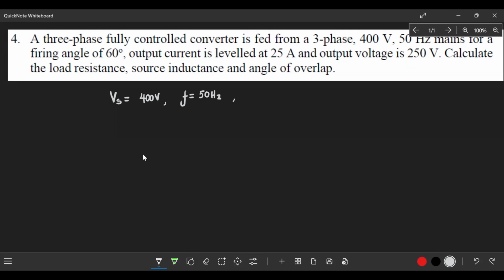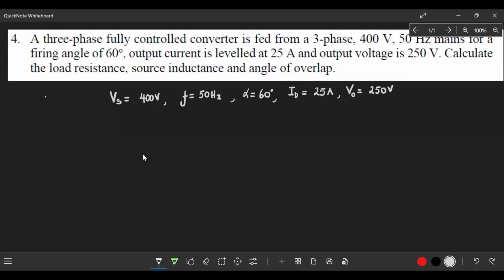We are also given the firing angle, alpha, which is 60 degrees. We're given the output current, which is a DC current, ID or IO, equal to 25 amps. We are also given the output voltage, V or VD, which is 250 volts.